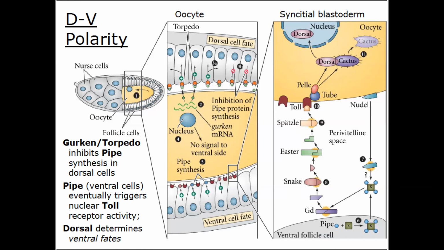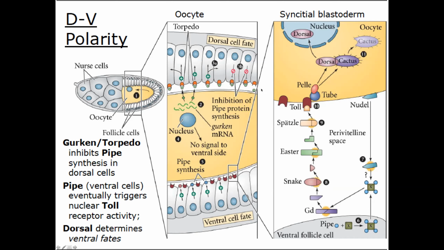So what this essentially boils down to is that the localized activation of torpedo will inhibit the generation of the ligand Spätzle that leads to toll pathway activation. So here in these cells, the presence of the repressor is going to inhibit toll pathway activation.